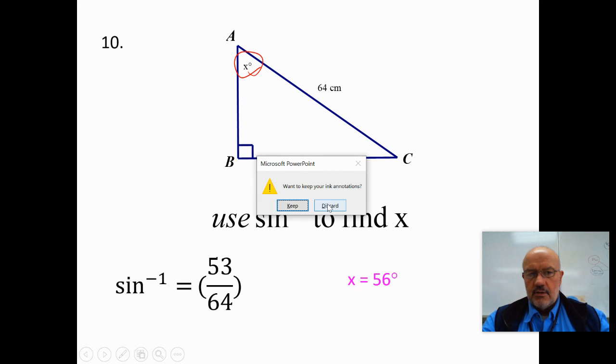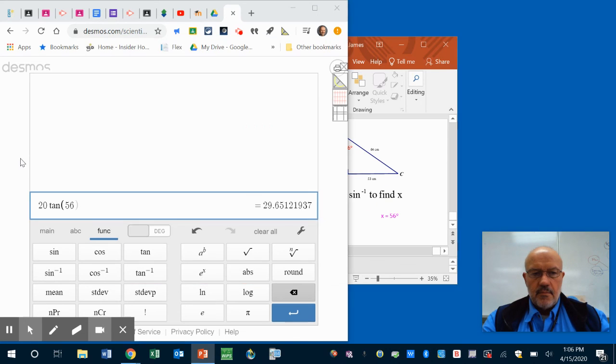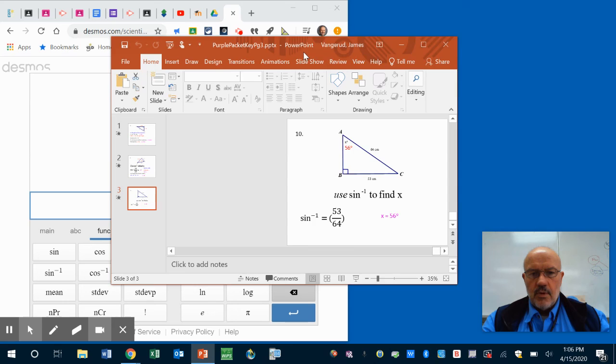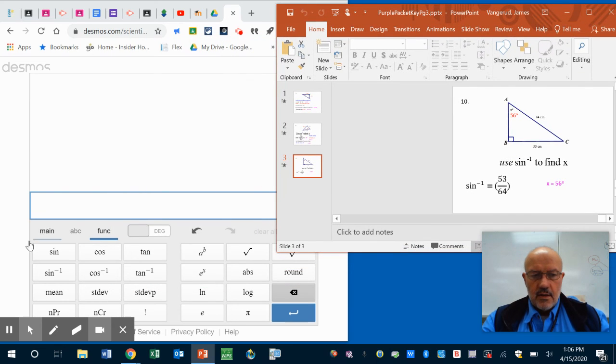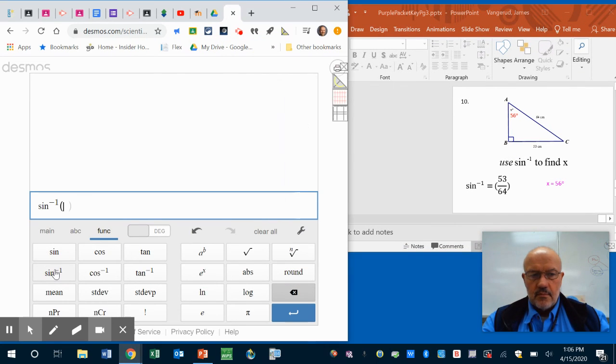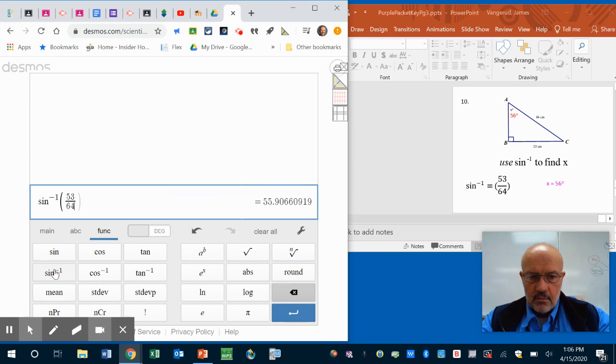Let's come out to 56 degrees. All right, what do we have here? 53 divided by 64. 55.6. That's 56 degrees. Rounding to the nearest whole degree. All right, there it is.